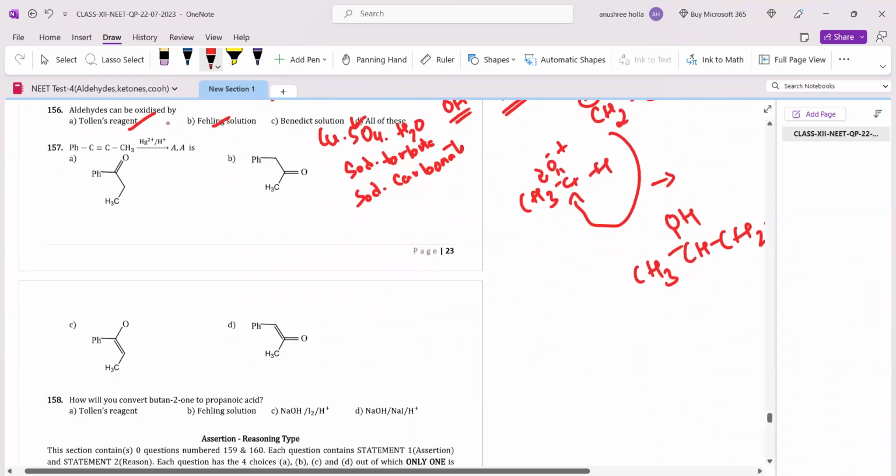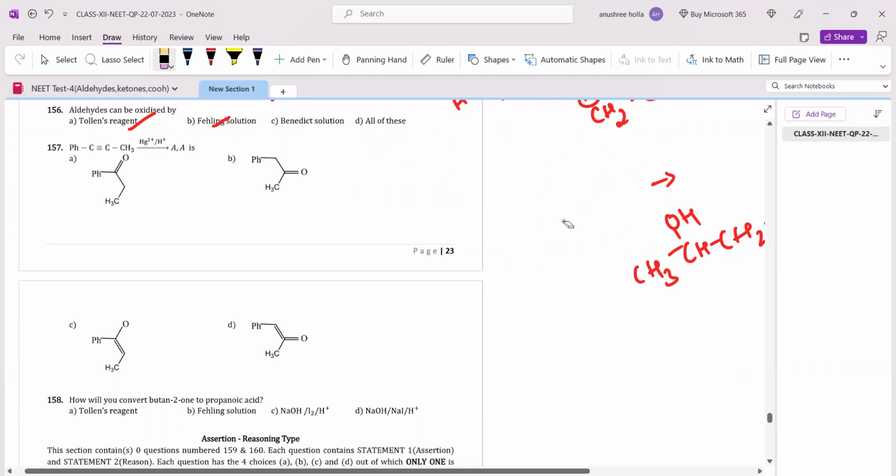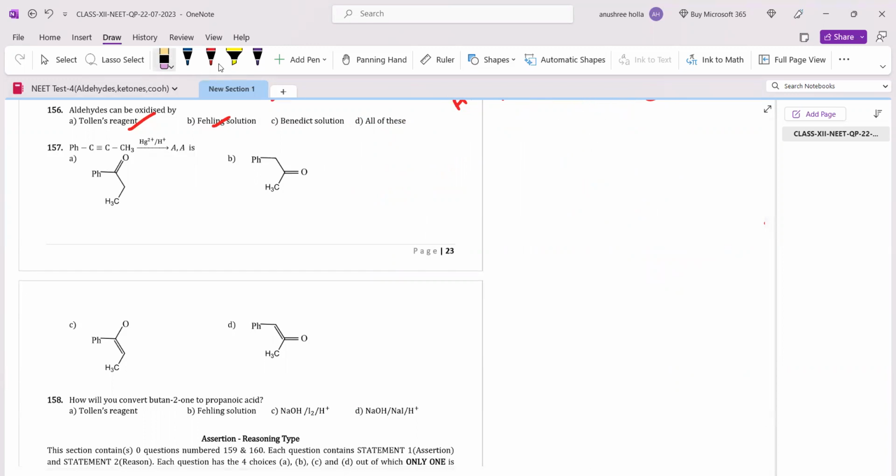Okay, now the next question is kind of your mercuration, oxymercuration, demercuration kind of reaction. So what happens? We will get the enol product first, right?